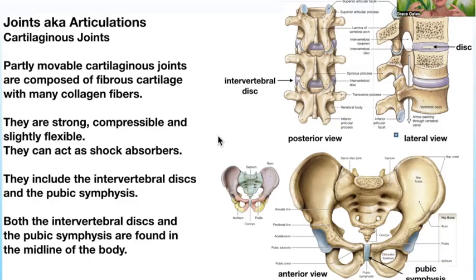And that actually is not fibrous cartilage, but the whole intervertebral disc is still considered a cartilaginous joint made out of fibrous cartilage. And then the pubic symphysis is just fibrous cartilage. There's no gel-like filling. And that's the other example of a partly movable cartilaginous joint composed of fibrous cartilage.